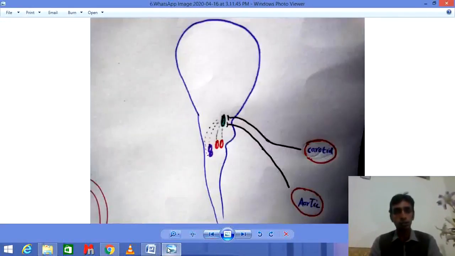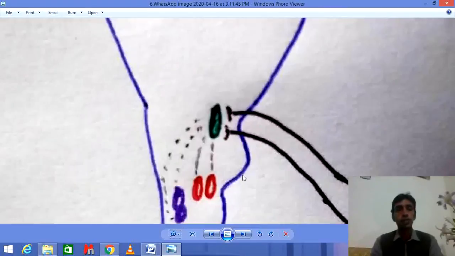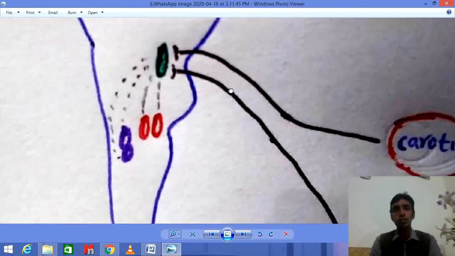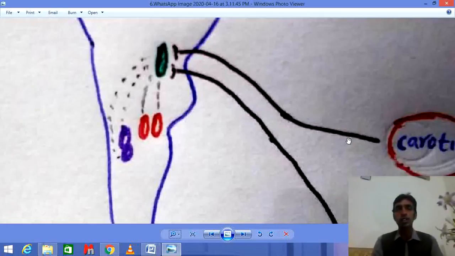First focus on this diagram once again. If, for example, the blood pressure is high, the carotid and aortic sinuses are dilated. After dilation, these carotid sinus and aortic sinus stimulate the vagal neuron and glossopharyngeal neuron.